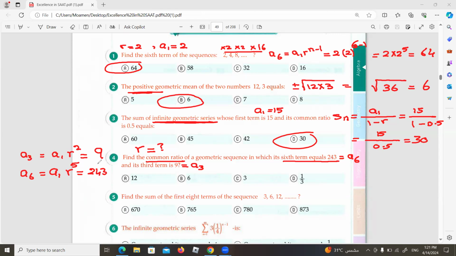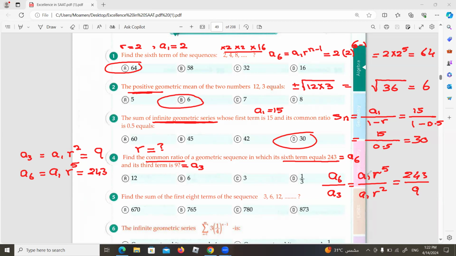Now you have the two equations. I'll solve the two equations together. How will you solve them together? I'll divide A6 by A3. Substitute: it's equal to A1 R power 5 over A1 R power 2, which equals 243 over 9.